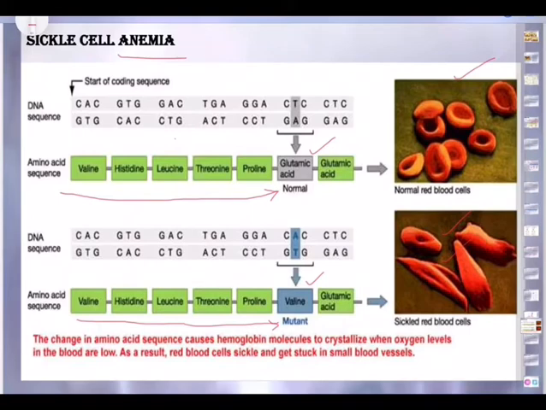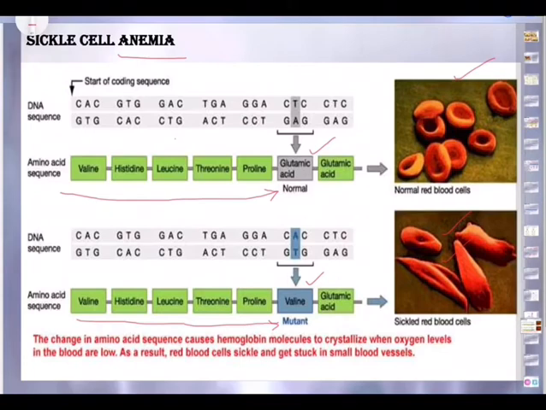Disshaping of the RBC results in lack of oxygen absorption. When oxygen absorption is less, naturally our metabolism comes down. When metabolism comes down, we become weak. And whenever we become weak, that condition is called anemia, sickle cell anemia.